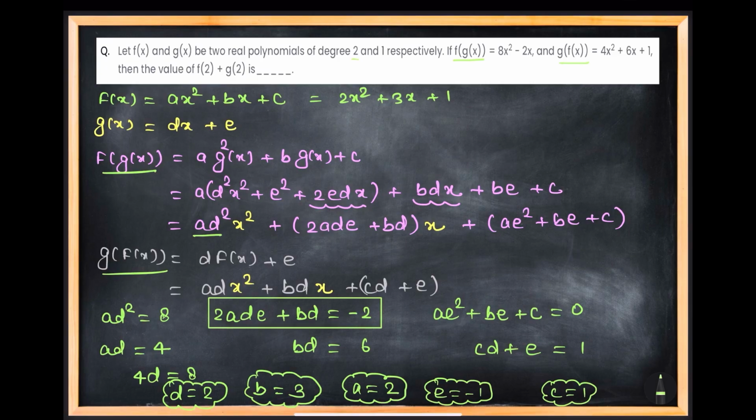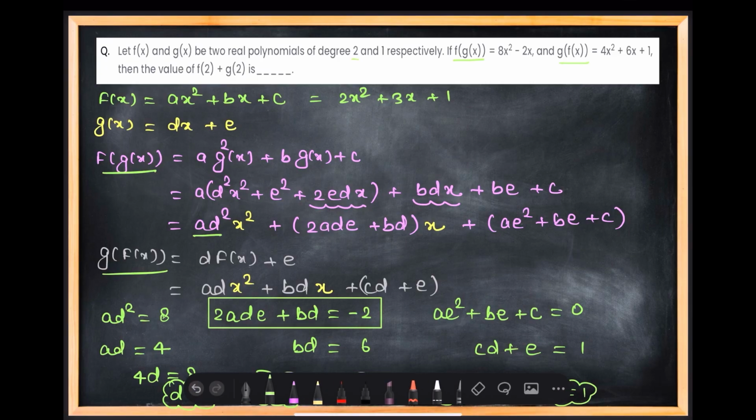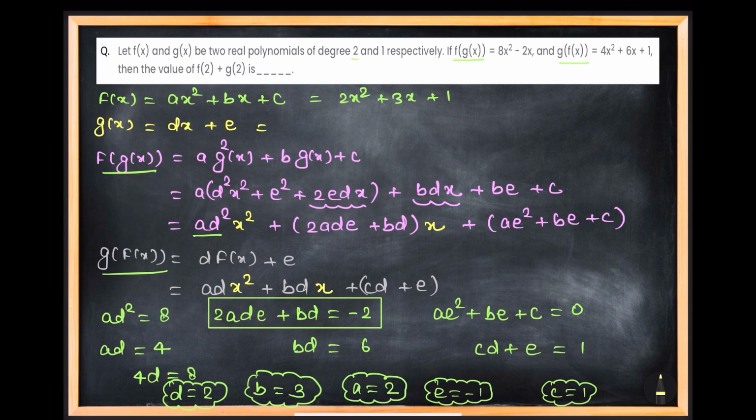Okay. So the function f of x is 2x square plus 3x plus 1. Similarly, let's write down the function g. So it's d. d is 2. So 2x plus e, minus 1. Okay. So 2x minus 1 is g of x.